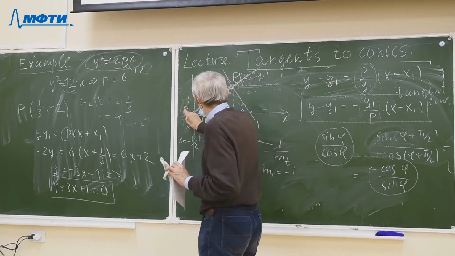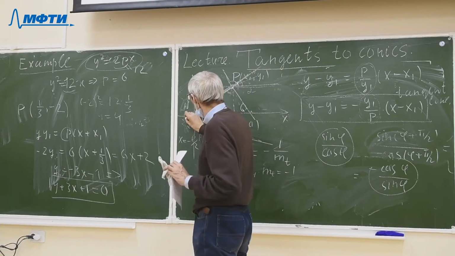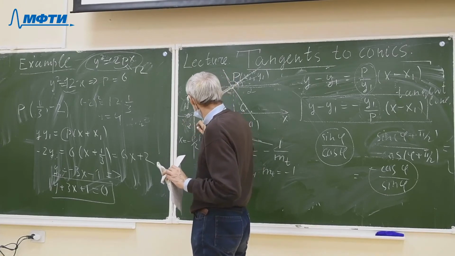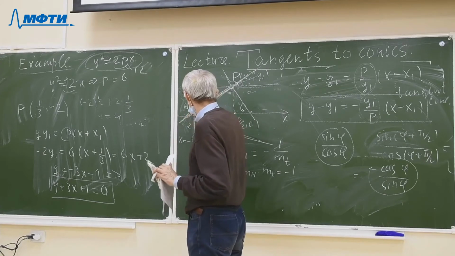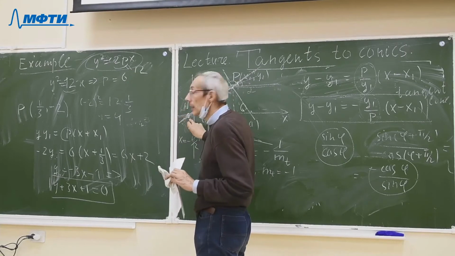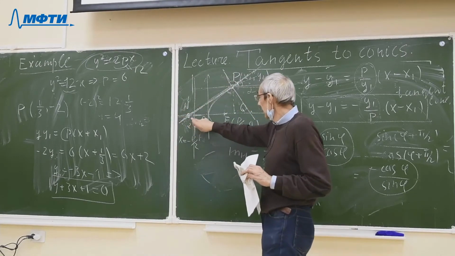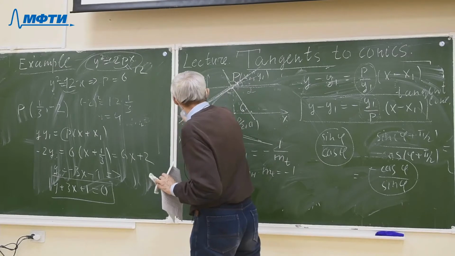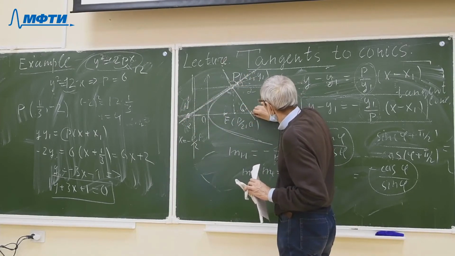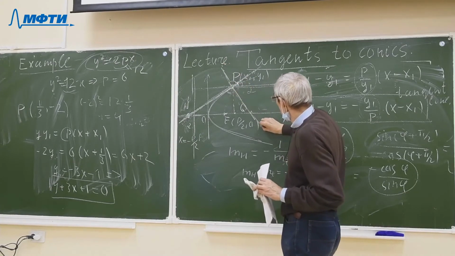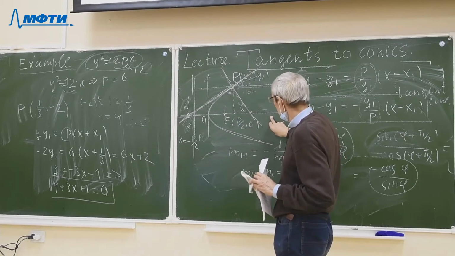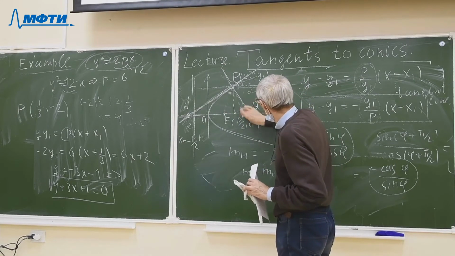This tangent straight line intersects the axis OX in the point N, the point of intersection. In the same way, we consider the point of intersection of the normal straight line and the axis OX. We obtain two points.